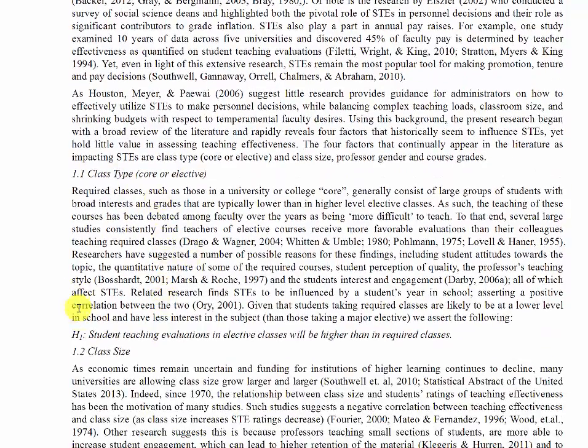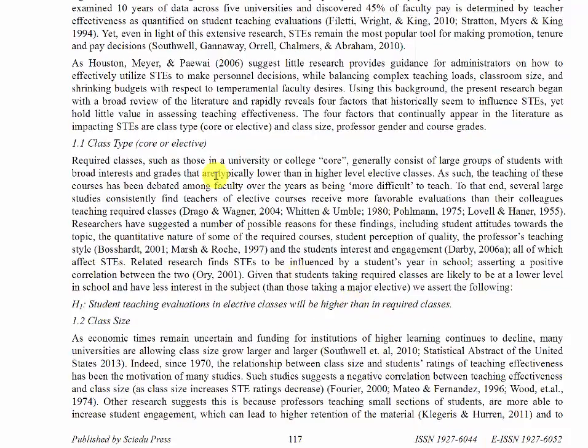So here I talk about the different research papers that have been done with respect to class type. But you'll notice that in particular, the hypothesis I have, student teaching evaluations in elective classes will be higher than in required classes, is somewhat different than what is here.